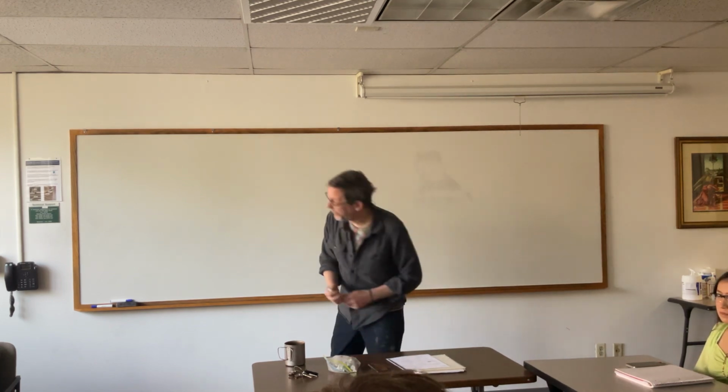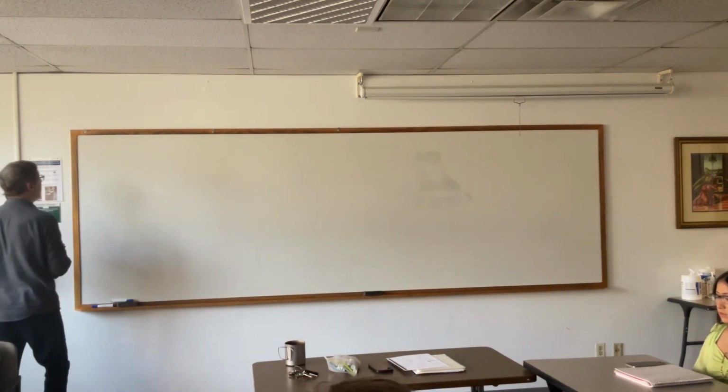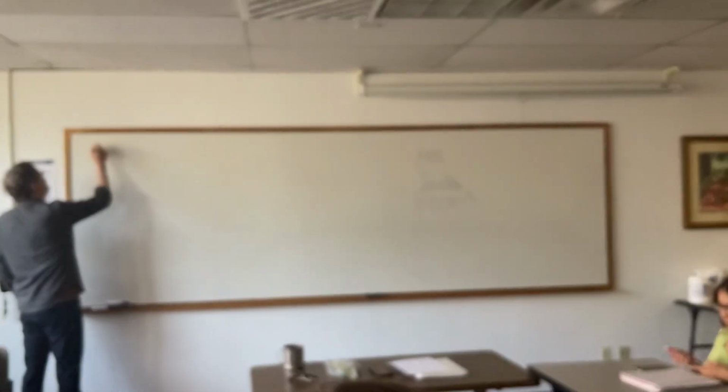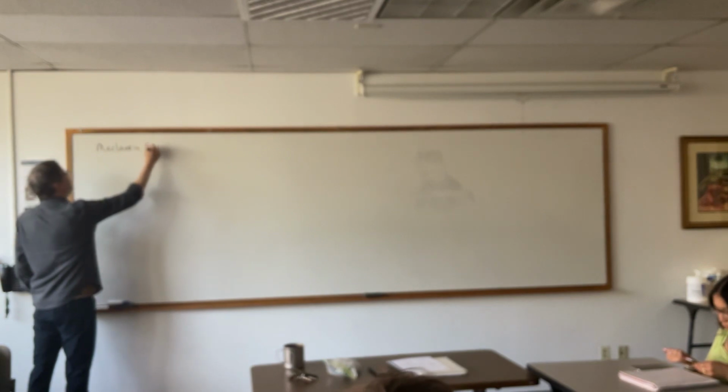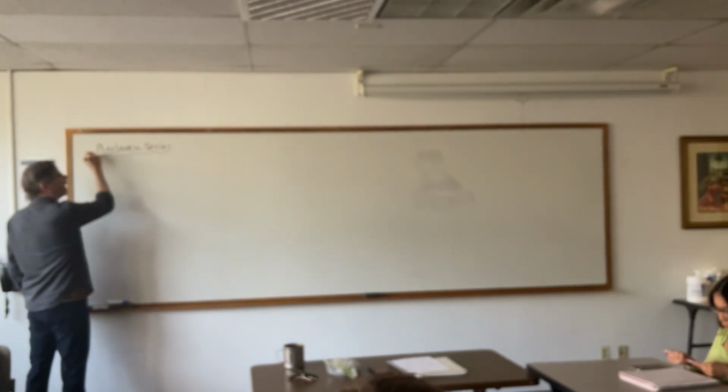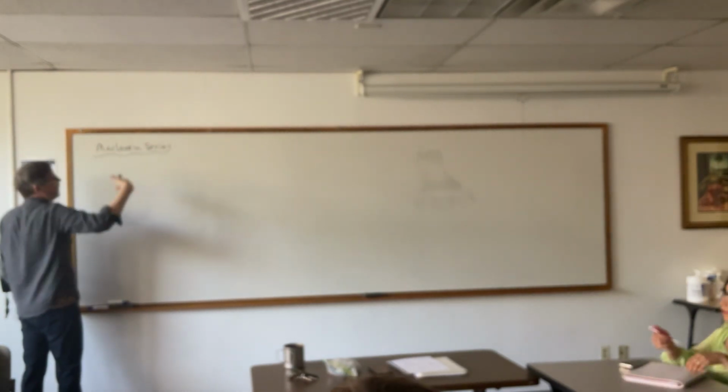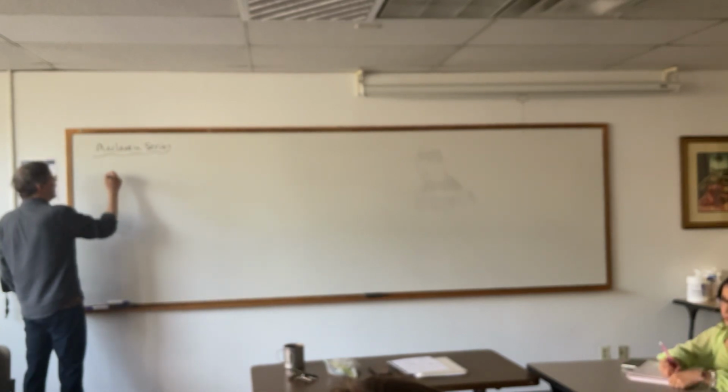Okay, cool. So let's finish up series. Last time we talked about Maclaurin series. And this is really a special form of the general series that we're going to talk about today.